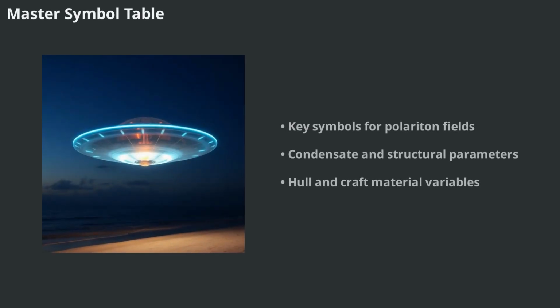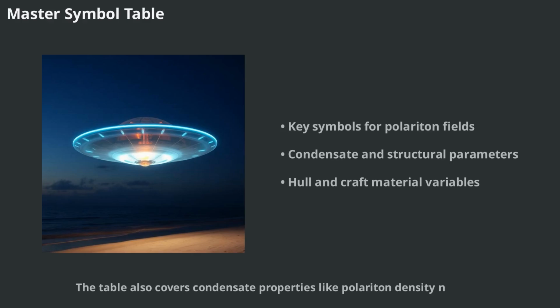To navigate the complexity of HPMF, a master symbol table organizes the key variables and parameters. These include the multi-flavor Polariton Spinor field psi, its components psi-j, effective masses m_j asterisk, nonlinear interaction coefficients g_jk, and coherent coupling terms J_jk. The table also covers condensate properties like polariton density n, effective pressure P(n), and sound speed c_s.